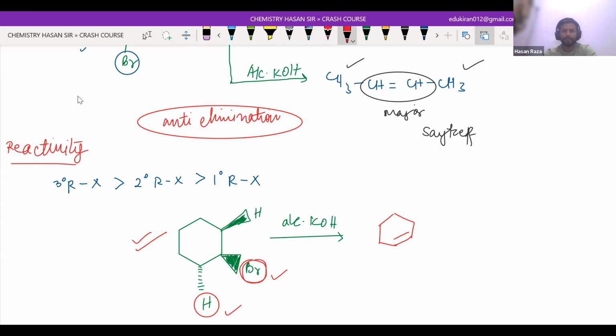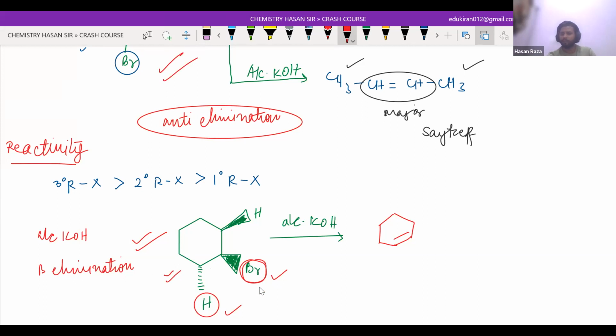Yes, sir. Sir, could you please tell about anti-elimination? Anti-elimination is, see, you need to remove, you know, with alcoholic KOH. This is your beta elimination. But you have to take care when the question is in 3D like this. If the question is in 2D, you can remove the way you did in this question.